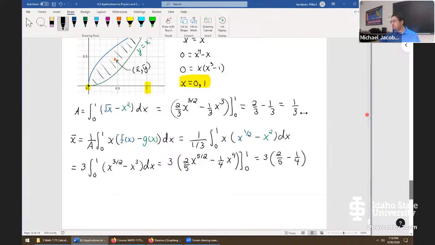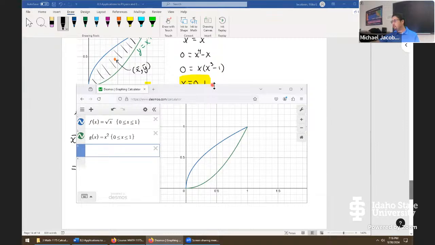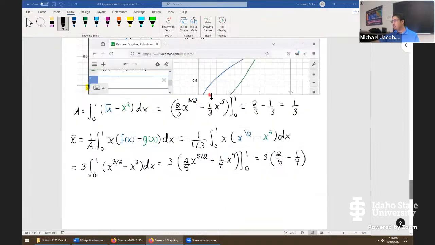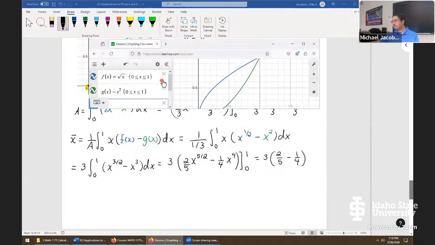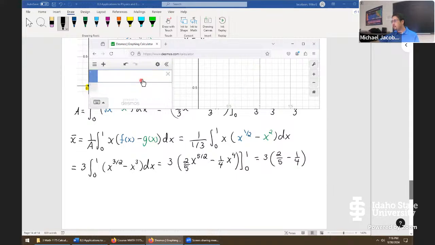Because it's an applied problem, no harm if you'd like to put this just directly into your calculator. So let's do that as our next step. We're using this as a calculator now, so let's save on a little bit of real estate. And put in 3 times 2/5 minus 1/4.